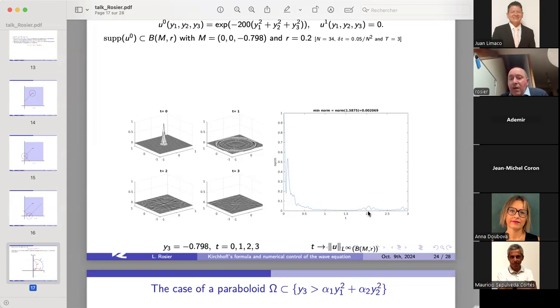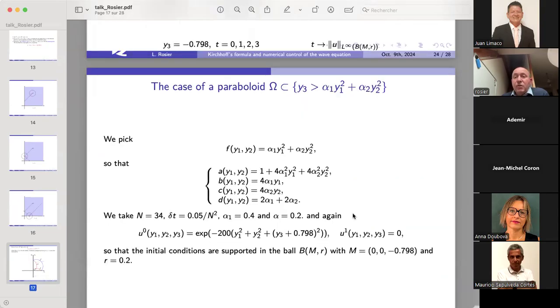But after some time it's not zero, and that's absolutely normal, because we have waves that arrive at the boundary and then go back. So you have reflection of the waves, and after some time we can have something which is not zero at the origin. It means the control time for the simulation should be selected within this zone, where we have the null controllability.